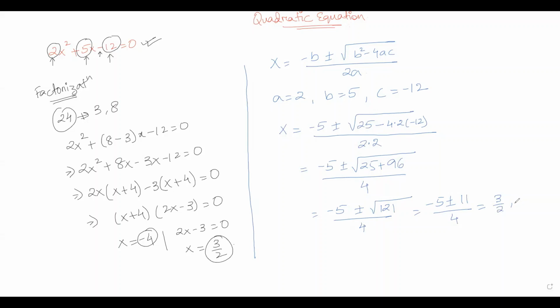And minus 5 minus 11 upon 4, that is minus 16 by 4, which would be minus 4. So we can see by using the formula also, we are getting the same roots as 3/2 and minus 4. So for such kind of quadratic equation, either we can use the factorization method or we can use the formula to find the roots of the quadratic equation.